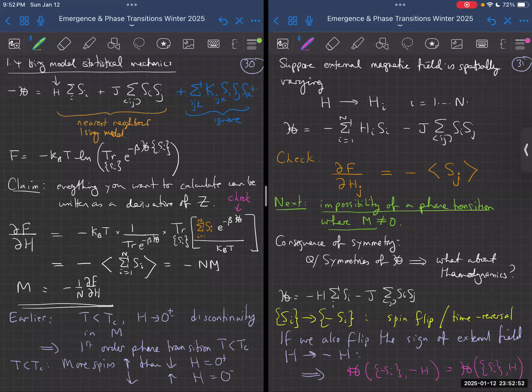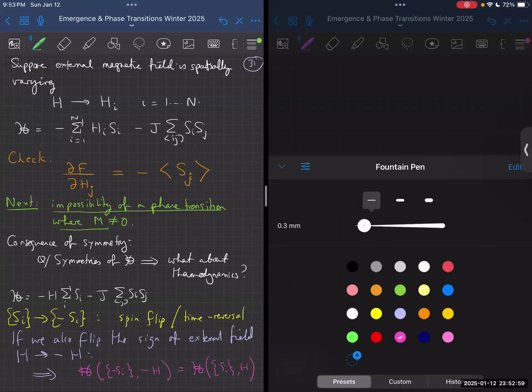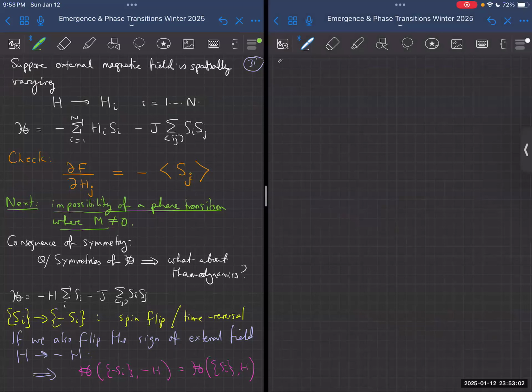And so this is a symmetry of the Hamiltonian. This is sometimes called time reversal symmetry, or sometimes it might be called Z2 symmetry because we've permuted two objects, the spins and so on.